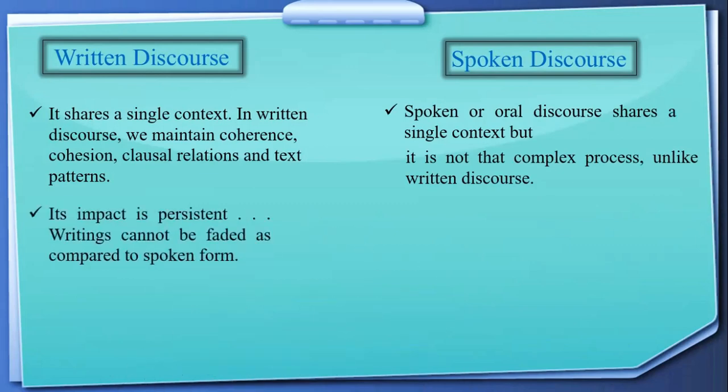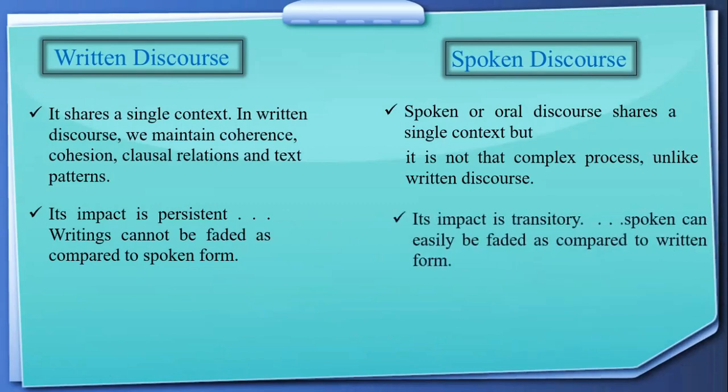When we talk about written discourse, its impact is persistent, meaning permanent. Writings cannot fade as compared to the spoken form. However, its impact is transitory, meaning changeable, in spoken discourse. Speech can easily fade as compared to the written form.